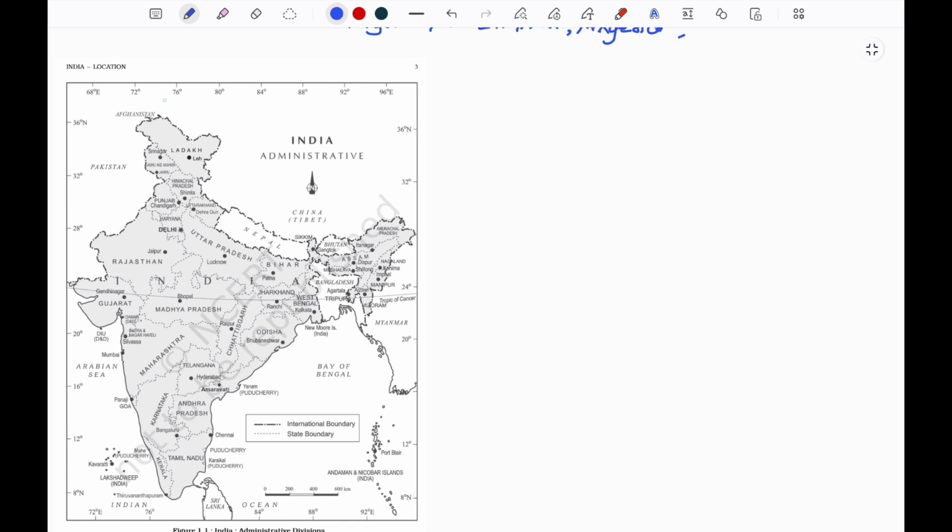Now the area that is bound by Himalayas in the north and Hindu Kush and Suleiman ranges in northwest, and the northeastern Himalayas in the eastern part, and Indian Ocean in southern part. This whole region combined together is known as Indian subcontinent.